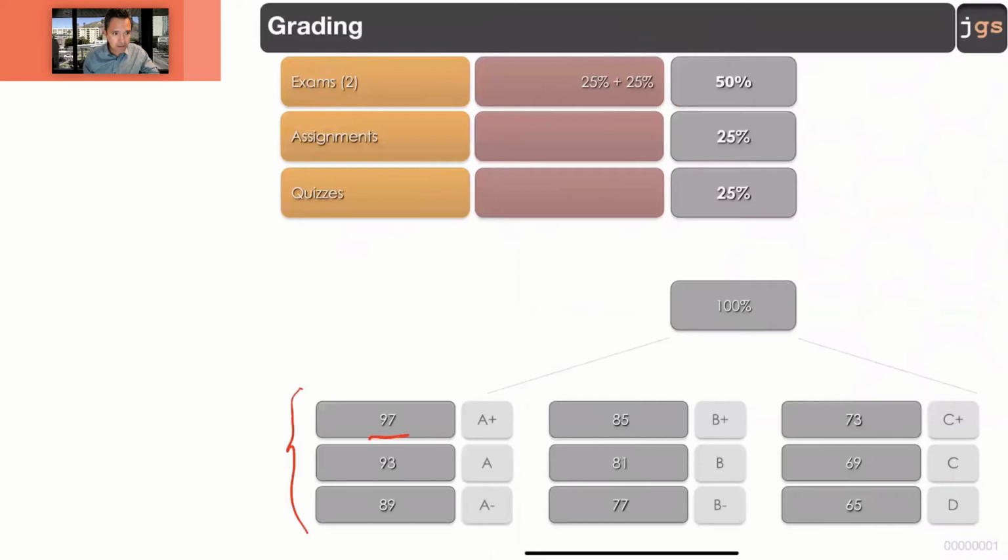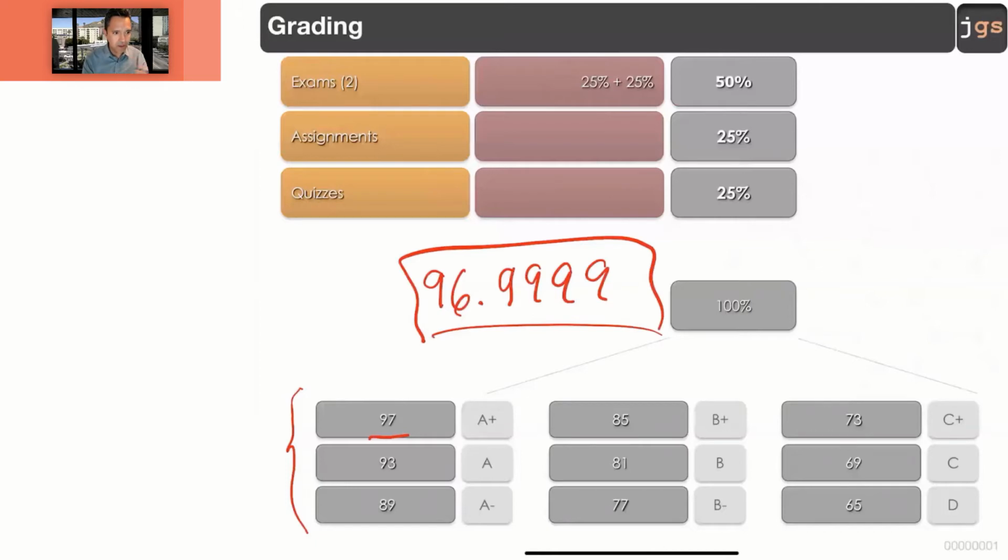Yep, 97. So if you have 96.9999, if for any reason this is your final number, it's not the TA that is a bad person or the instructor that is a bad person. It's just the computer working, and the computer is going to say, okay, 96.999, this is an A, not an A+. That's it. Sending an email, professor, can you change my grade to A+?